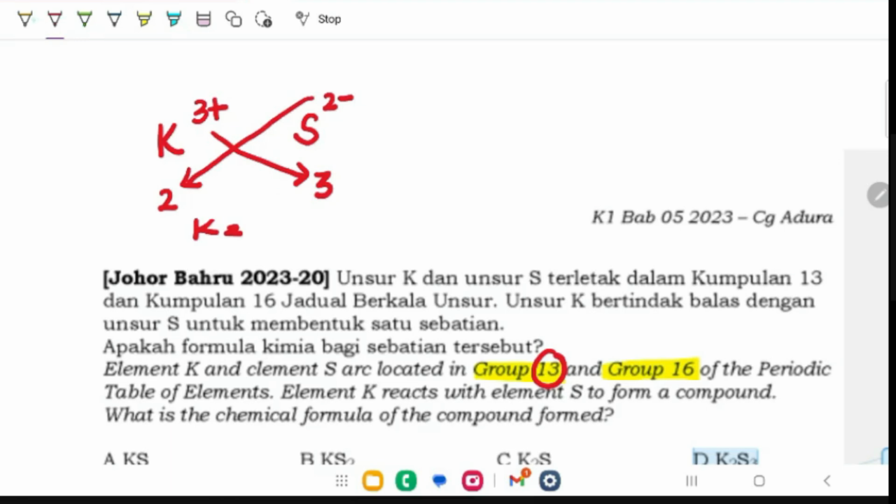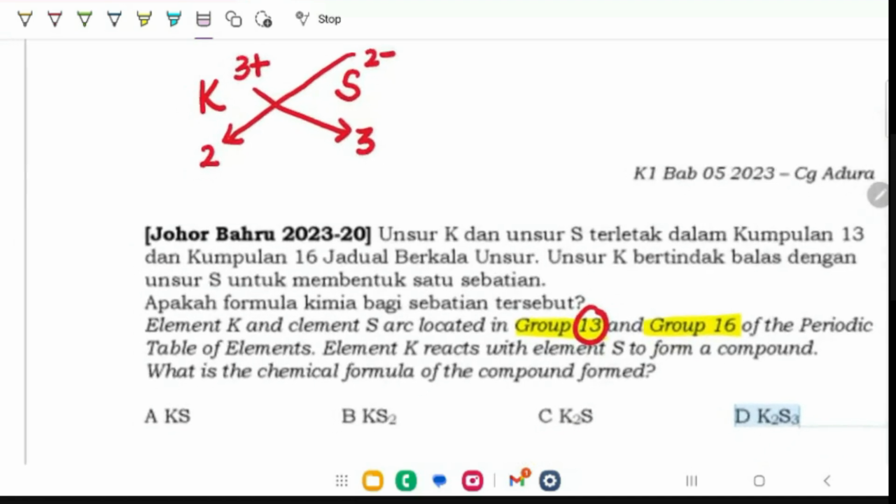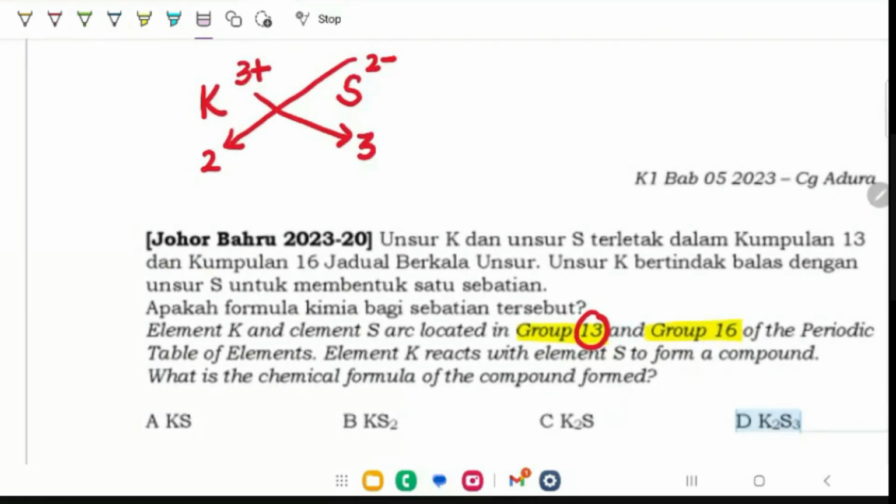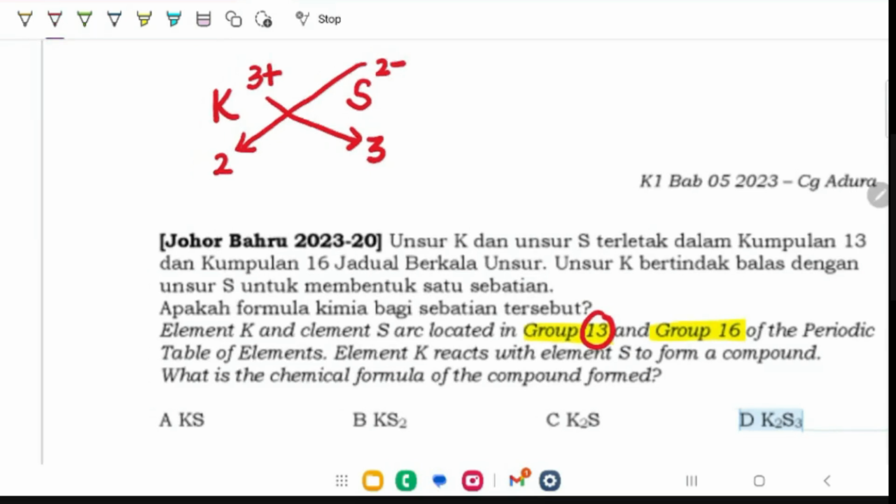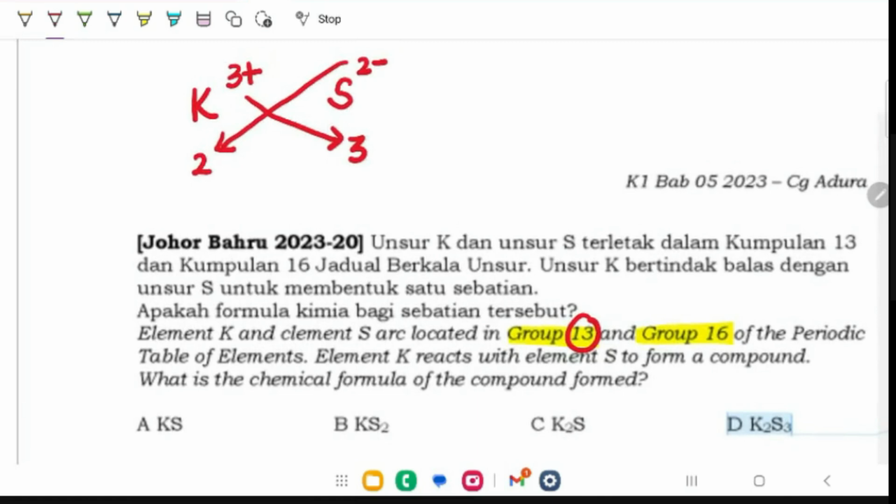So it becomes K2S3. Teacher, why is K 3 positive? Why is group 13 3 positive? Let's say aluminium. What is the electron arrangement of group 13? Let's say 2,8,3, right? How to achieve octet?